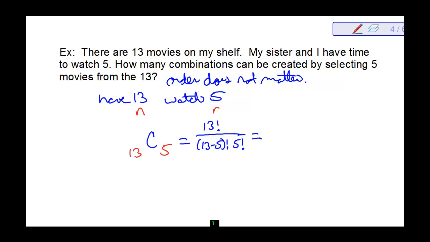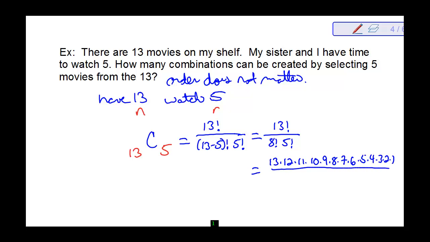Whenever I simplify this, it's going to be 13 factorial over 8 factorial times 5 factorial. So that's going to be 13 times 12 times 11 times 10 times 9 times 8 times 7 times 6 times 5 times 4 times 3 times 2 times 1.